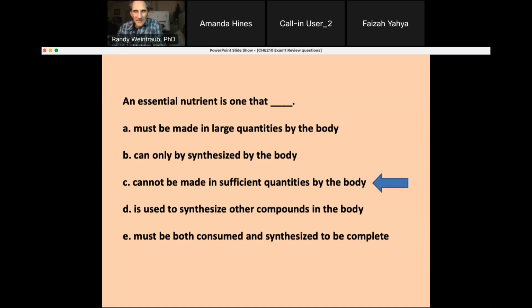Our body and our microbiome make some amount of B12, but we need more from a dietary source, either from animal food, animal source, or supplement, or some lower amounts in other foods, such as beans.